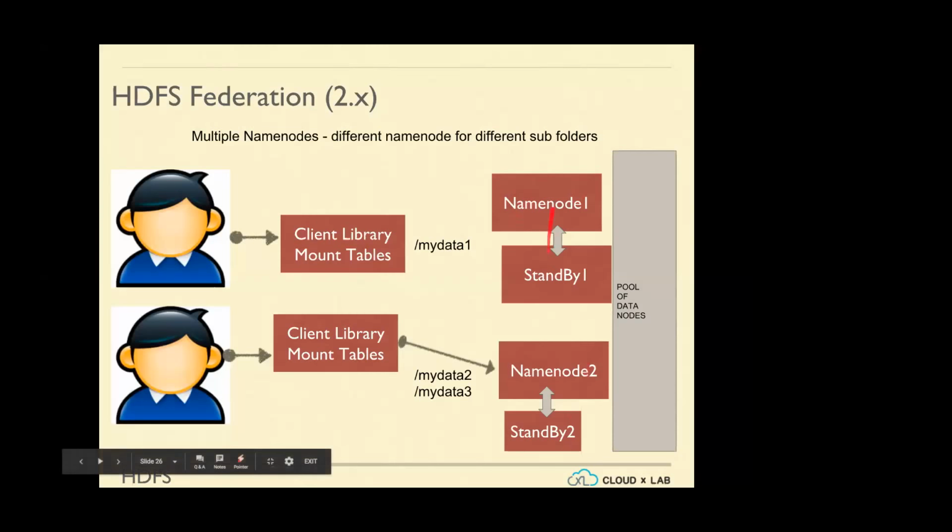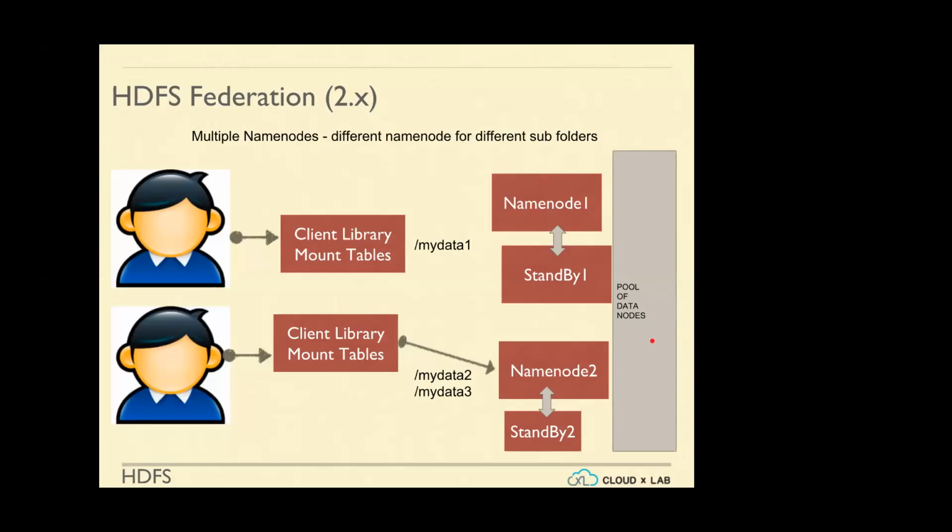Both of them will basically have their own file system, which is different from each other. So these are two different and independent file systems. The only twist in the story is that they use the same data nodes. So the data nodes keep track of which block came from which name node.